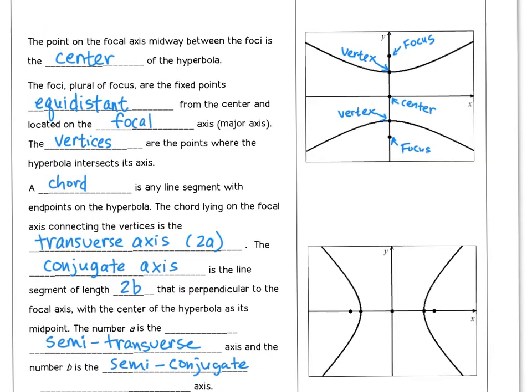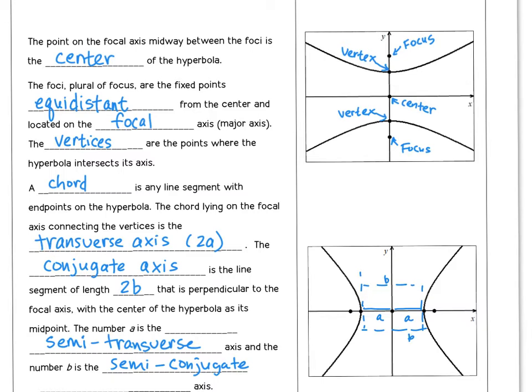Looking at this other one, it might be easier to draw the lines. The distance on this piece is a distance of a, and it's the same on this side. So that's where you get the 2a. Then you go up, and actually this makes a rectangle here, which tells the curve that it goes through. And this would be a distance of b on each side.